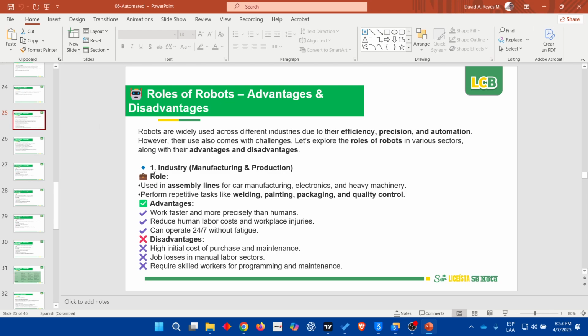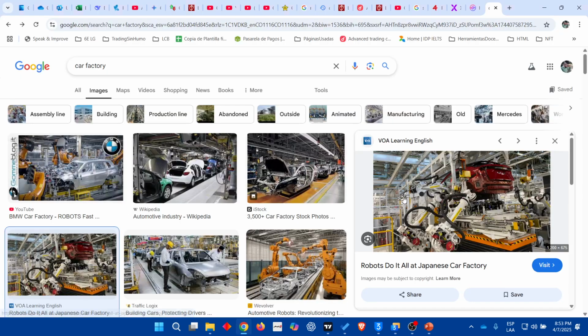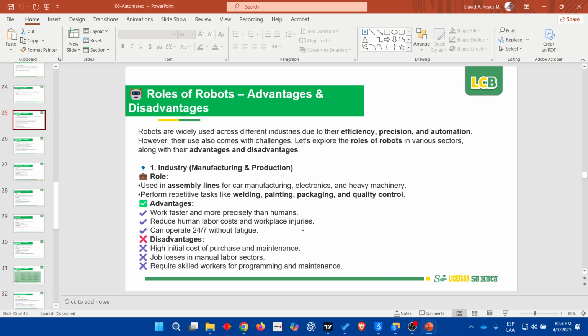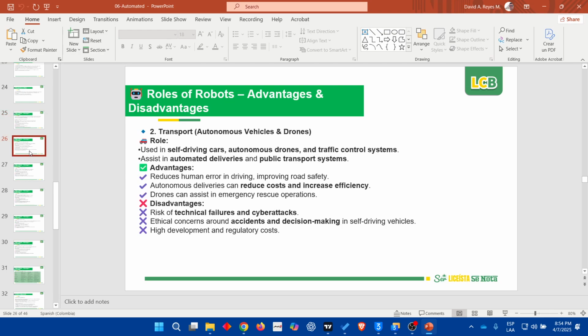Okay, for example, what I showed you here, assembling cars in this example. Advantages: work faster, reduce human labor costs, can operate 24/7. Disadvantages: high cost, job loss, and require skilled workers for programming and maintenance.